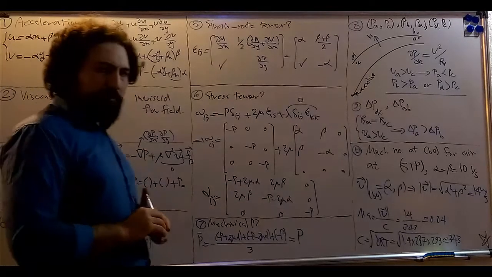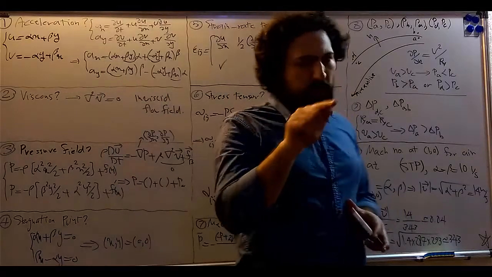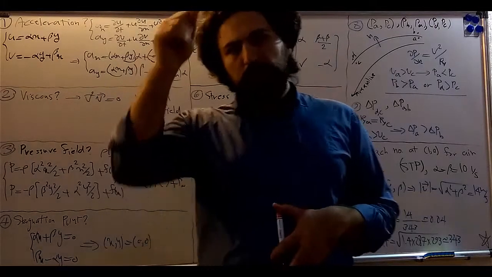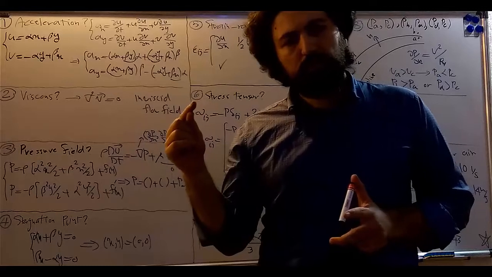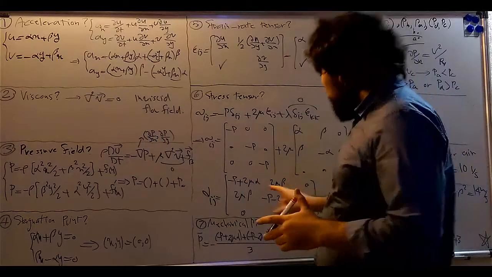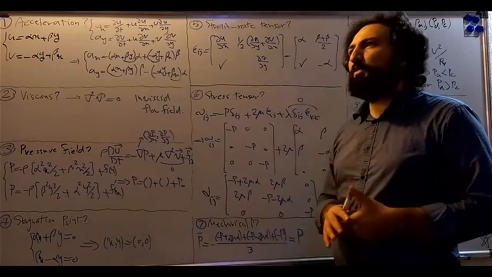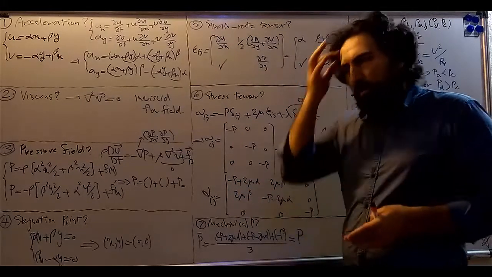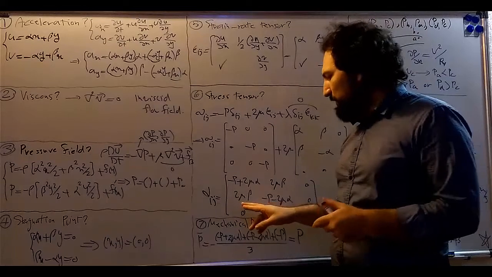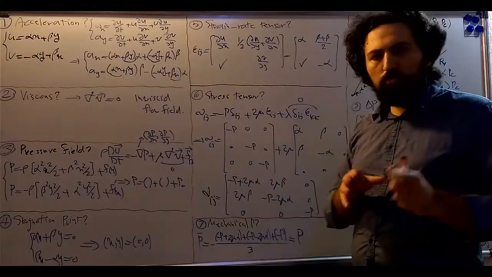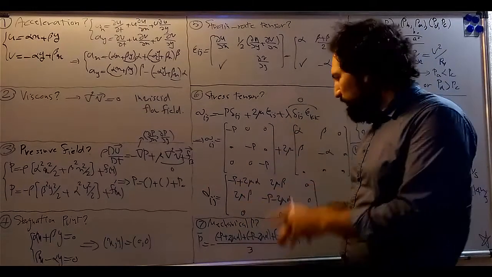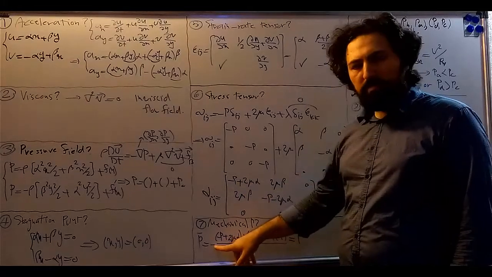As you know, the mechanical pressure is minus the average of the diagonal components of the stress tensor. So you have to compute the average of the diagonal components, or compute the trace of the stress tensor and divide it by 3 to compute its average value, and then add a minus sign here.